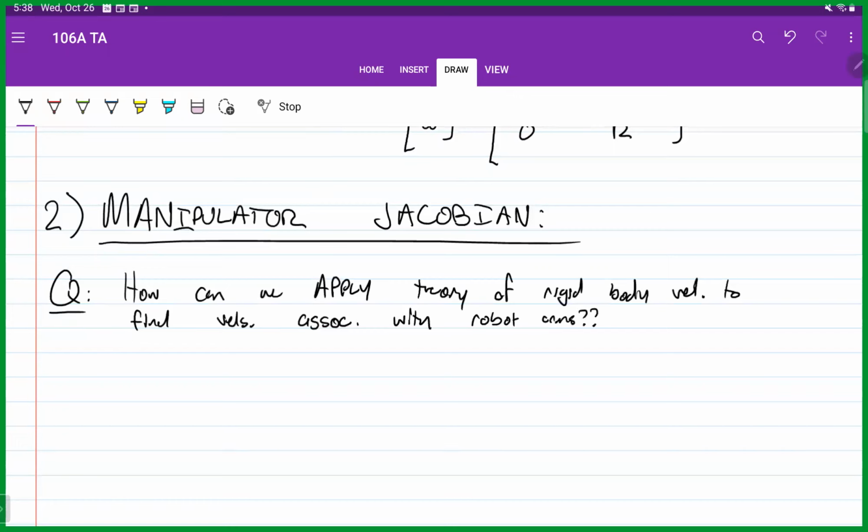Okay, so if I move my arm around, pretend that that's a robot manipulator, how would I be able to apply this idea of rigid body velocities to figure out what the rigid body velocity at the tip of my hand would be, for example? Because once we have this rigid body velocity, spatial and body, we have something that allows us to figure out the velocity of every single point on our robot.